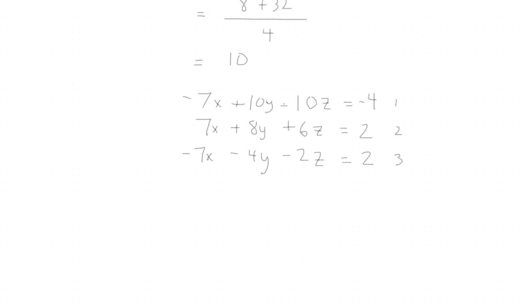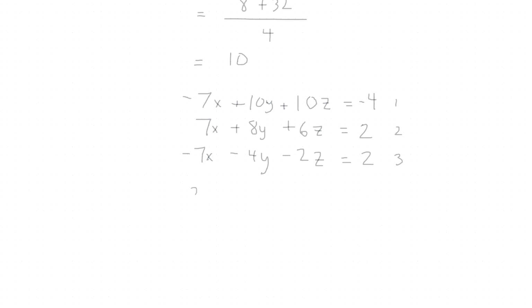Okay, so look at equation 2 and 3. What's the x coefficient of equation 2? 7. Okay, good. What's the x coefficient of equation 3? -7. Okay, so that's why we're going to add 2 and 3. So we're going to take equation 2 plus 3.